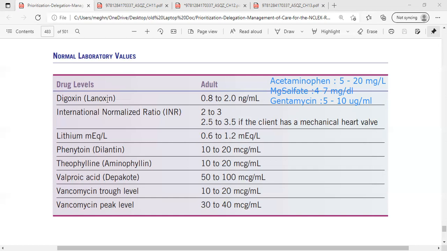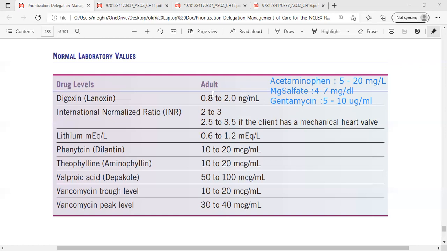Why should we monitor the electrolytes? Because hypokalemia or hypomagnesemia and hypercalcemia predispose to digoxin toxicity. Let me recap it.